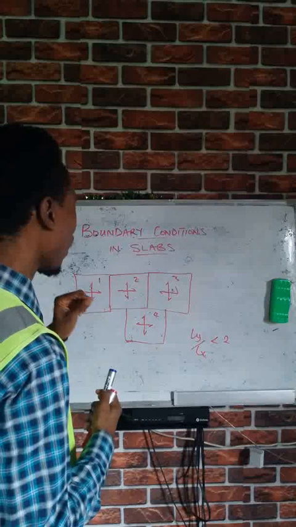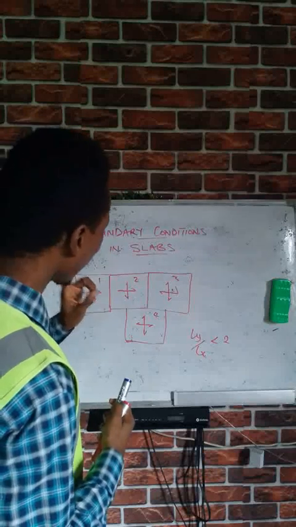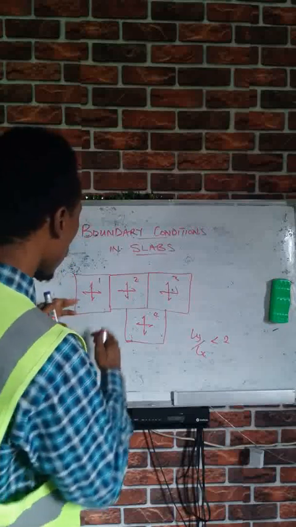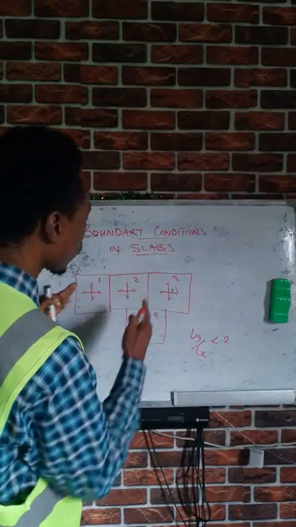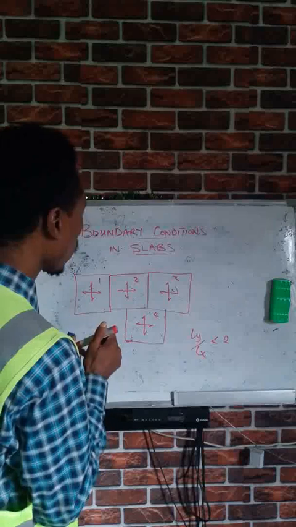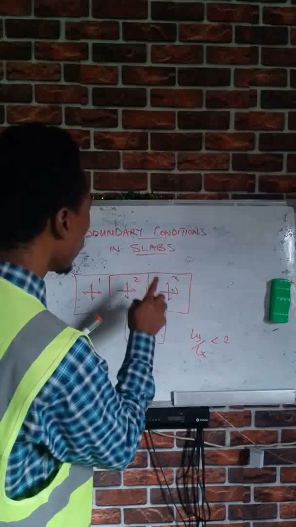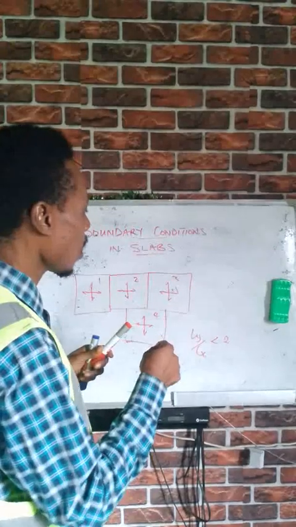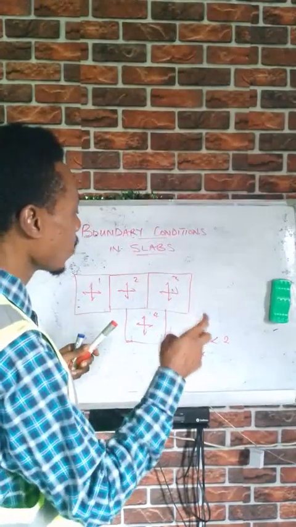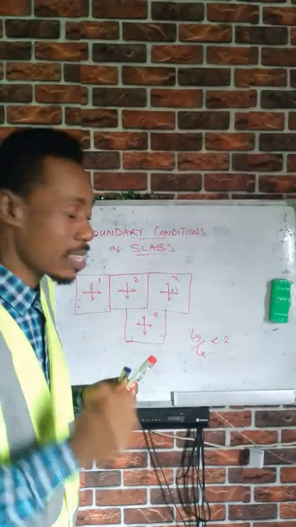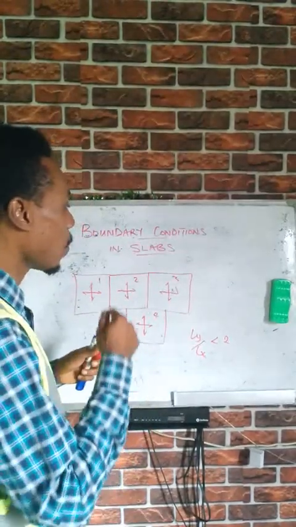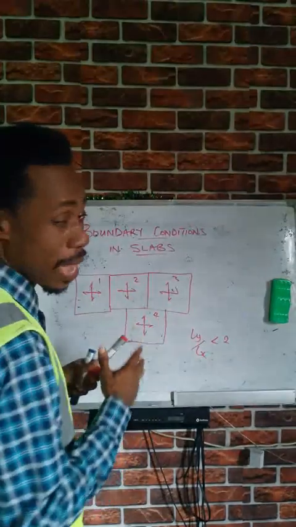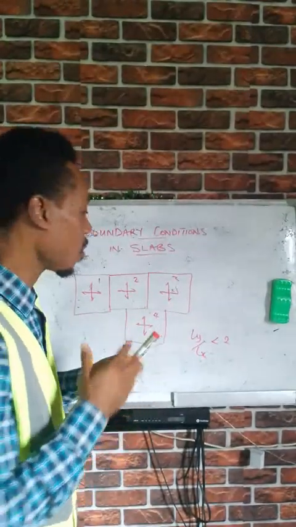The other thing we want to look at now is the boundary condition. We know that all of these panels are hinged to beams. So we must ascertain their true boundary condition to enable us extract the moment value from our coefficient table, so we can determine the moment generated within that panel and design for the reinforcement.